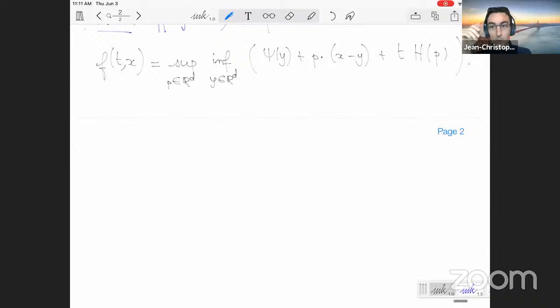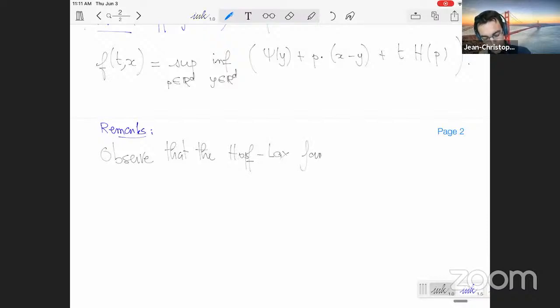So I want to massage the Hopf-Lax formula a little bit first. Now I'm making some comments about these results. Let's say remarks. Maybe I should say rewritten.